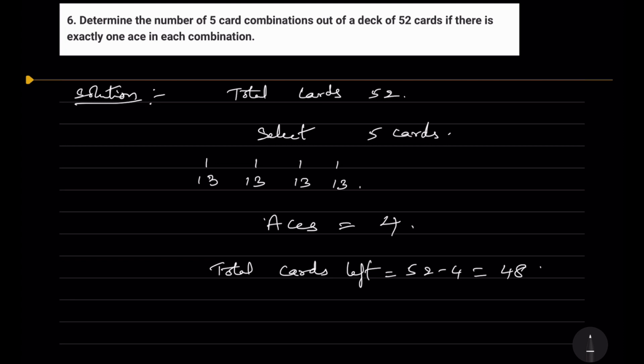So from these 4 aces you have to draw one. It should be, if there is exactly one ace in each combination, so from the 4 aces you have to select one card. That means it should compulsorily be an ace. And from the 48 cards you have to have the other 4 cards.